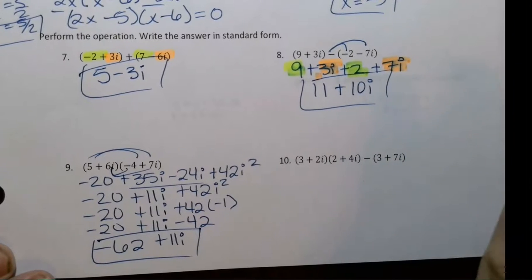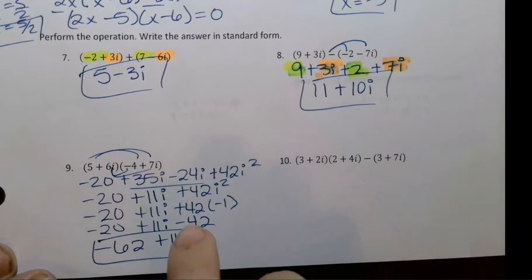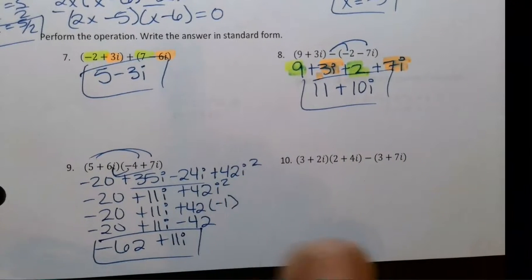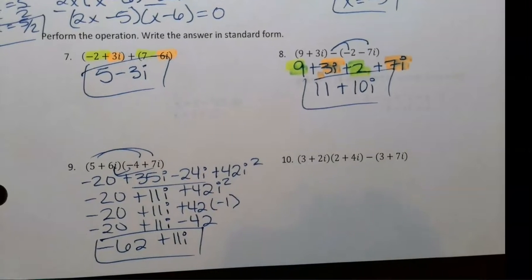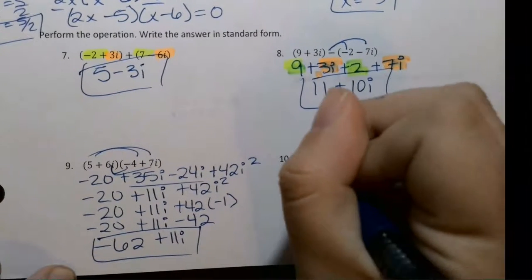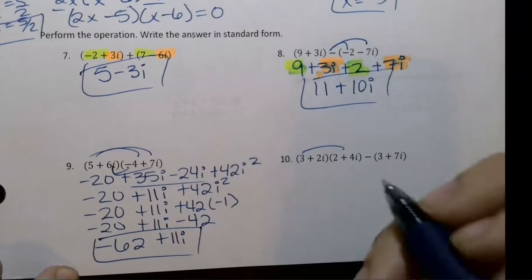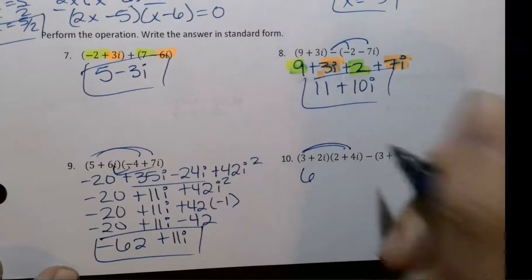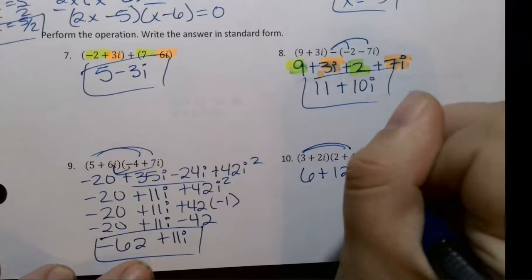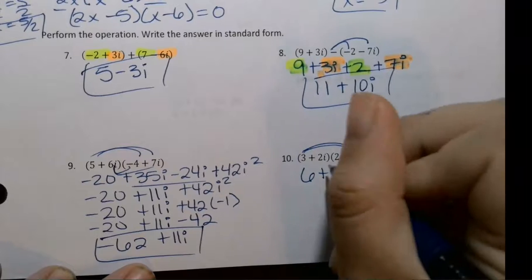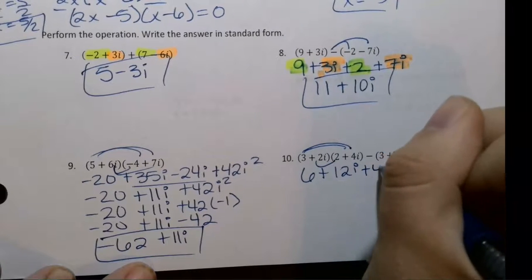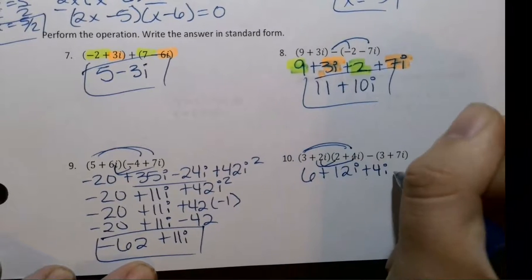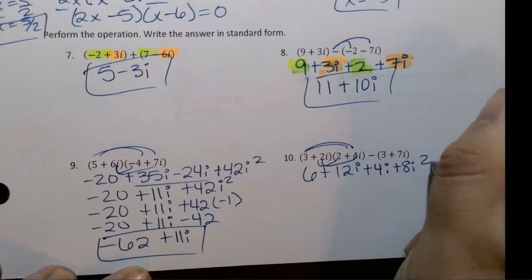Number 10 is combining this, the multiplying, and the adding and subtracting. So first thing I want to do here is FOIL. 3 times 2 is 6. 3 times 4i is going to be 12i. 2i times 2 is 4i. 2i times 4i is 8i squared.